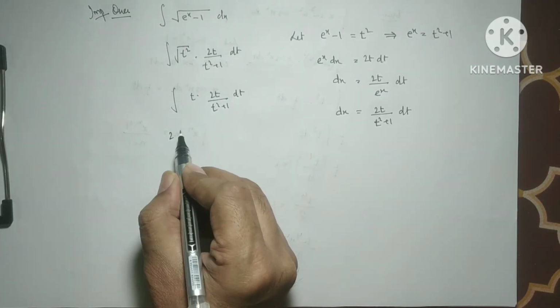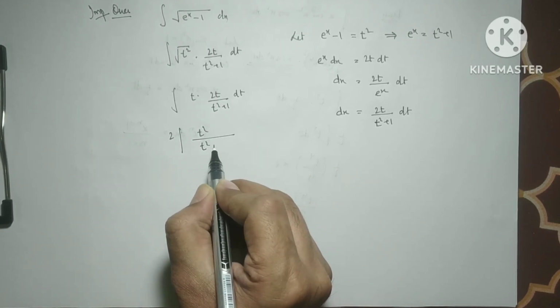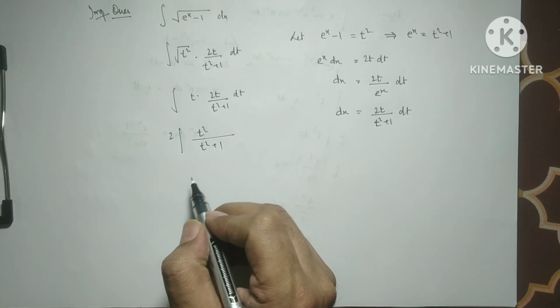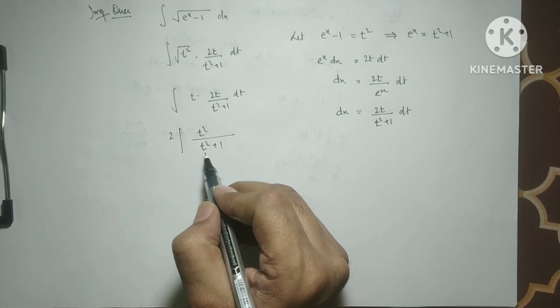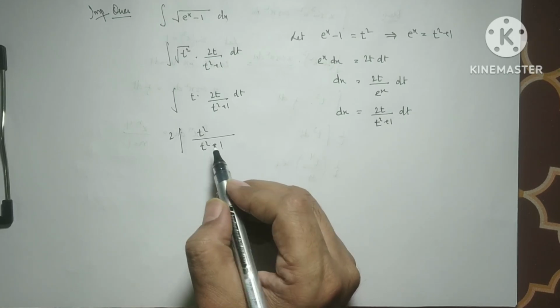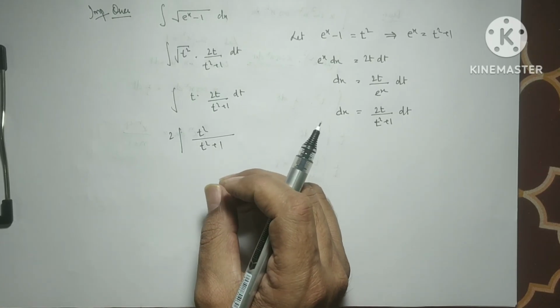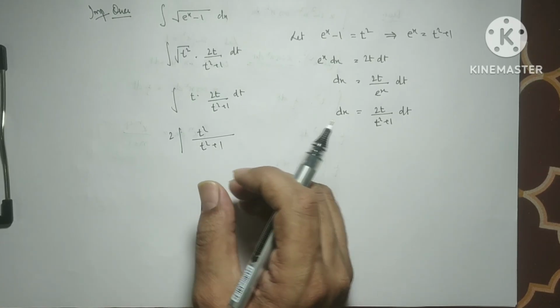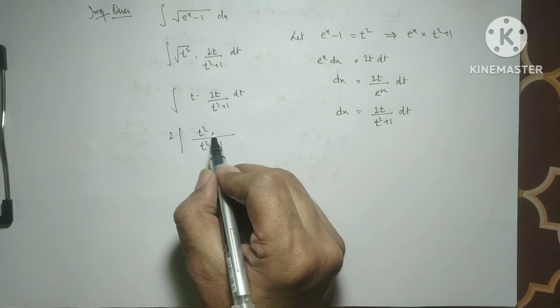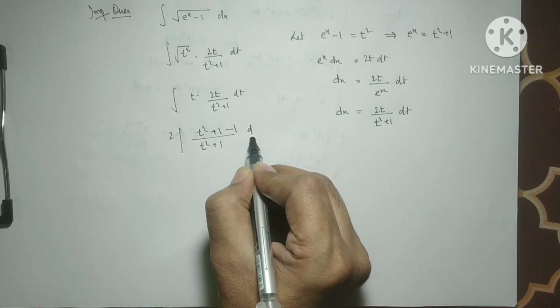It means we have t square over t square plus 1. So right now we have the same degree in numerator and denominator. So the method is first divide this, or you can do some manipulation, like we can add 1 and subtract 1.